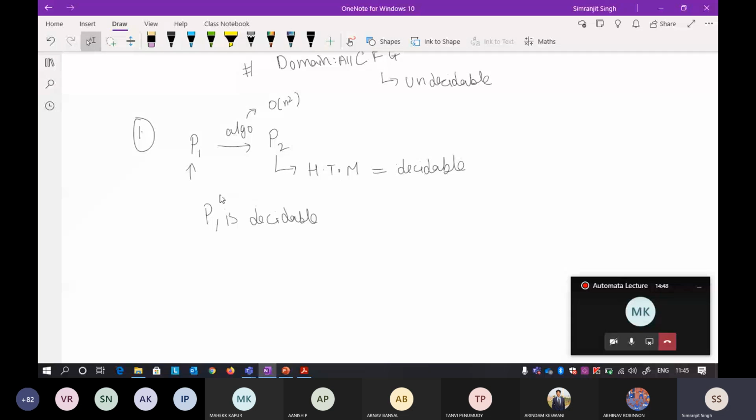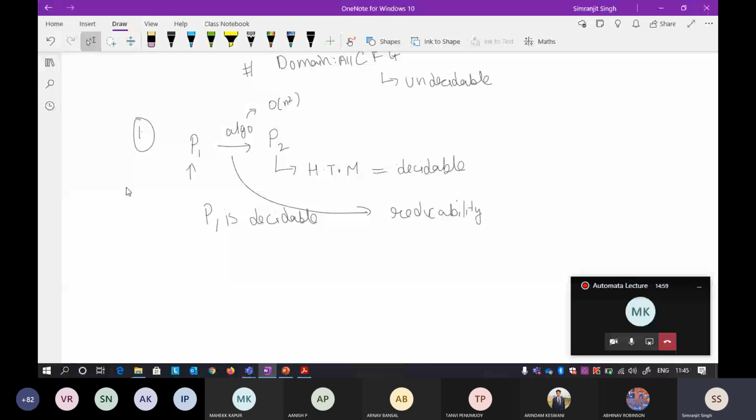That is called the power of reducibility. So this particular step is called reducibility.